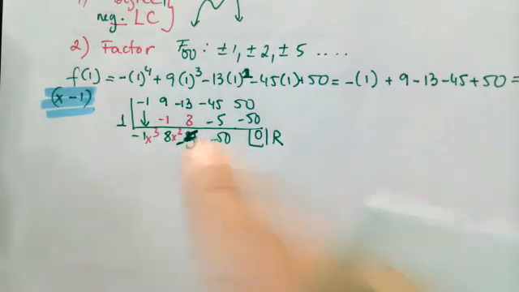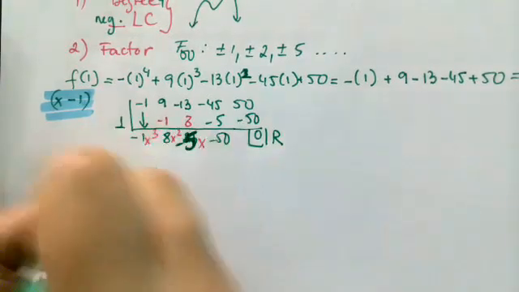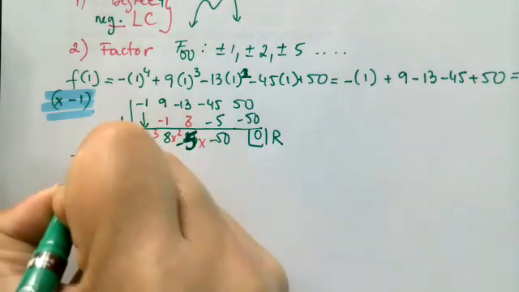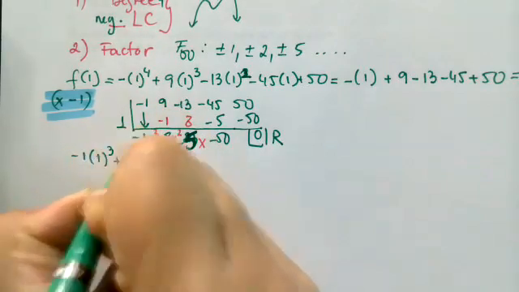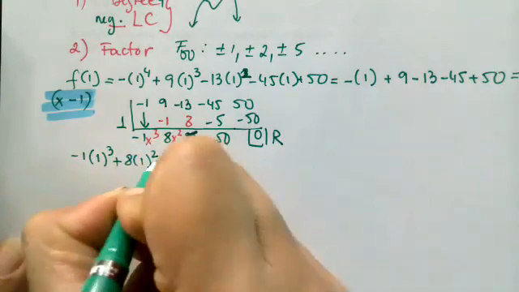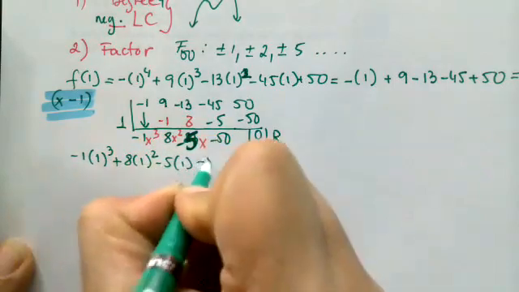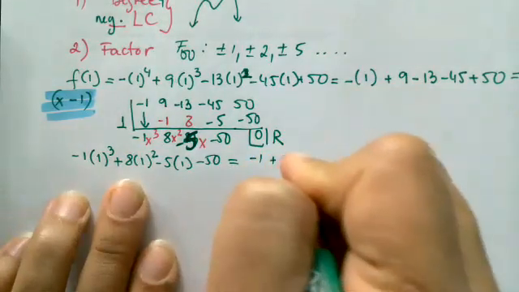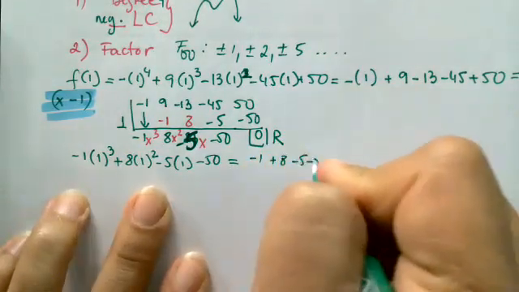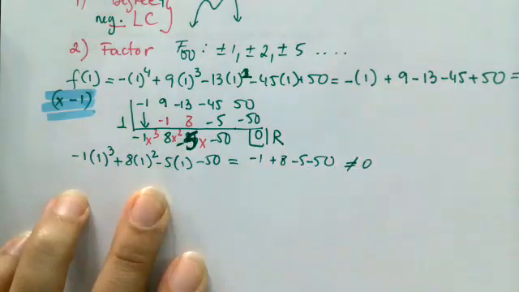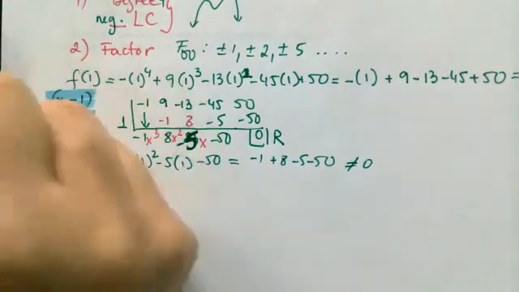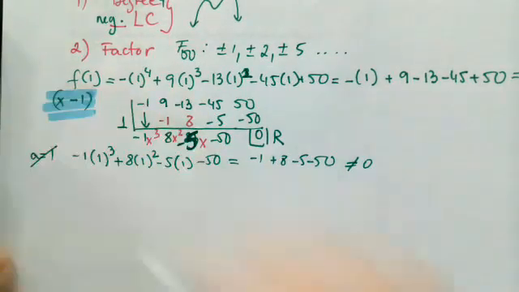We can check 1 again, just to see: negative 1 cubed plus 8 times 1 squared minus 5 times 1 minus 50 equals negative 1 plus 8 minus 5 minus 50, which does not equal 0, so 1 doesn't work again.